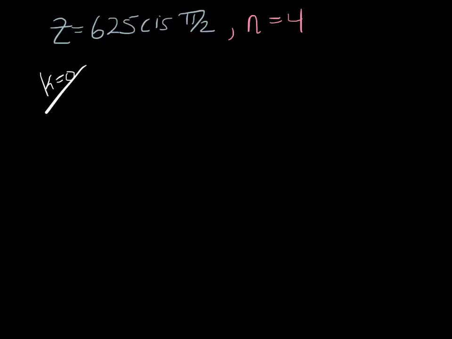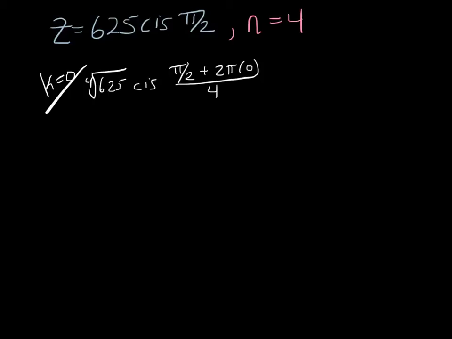Okay, so we're working with 625 cis pi over 2, and we are looking for the fourth roots. So we're going to start with k equals 0. We're going to take the fourth root of 625, and then we have theta plus 2 pi k all over n.